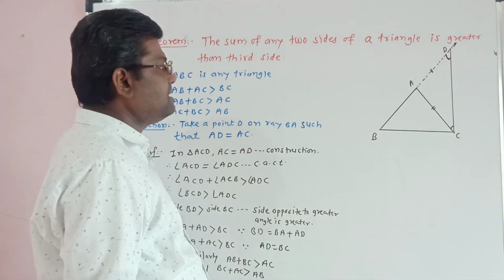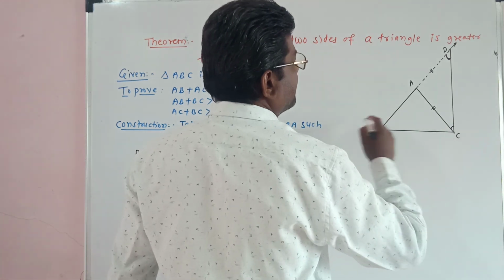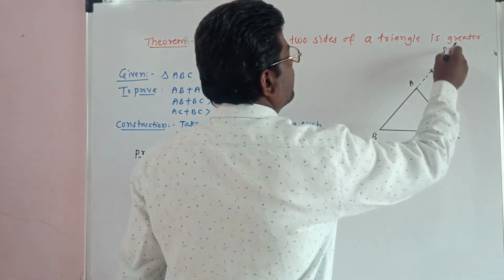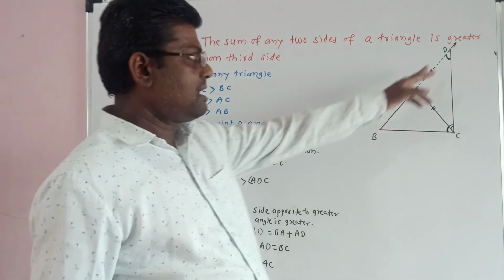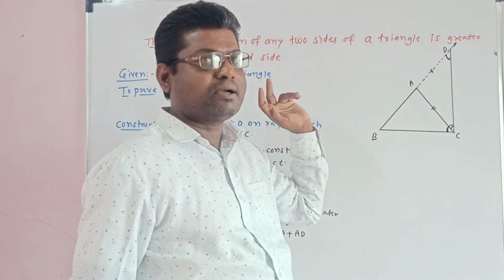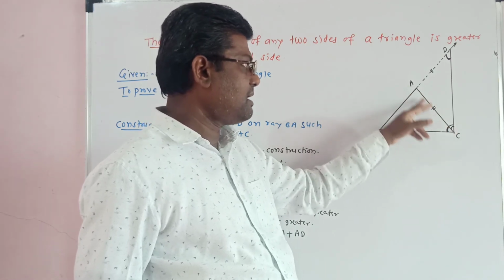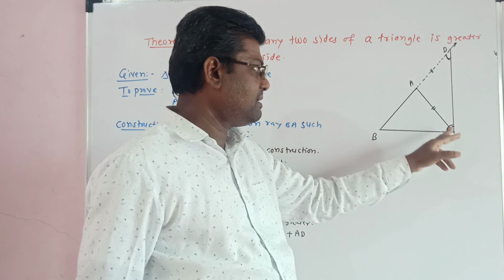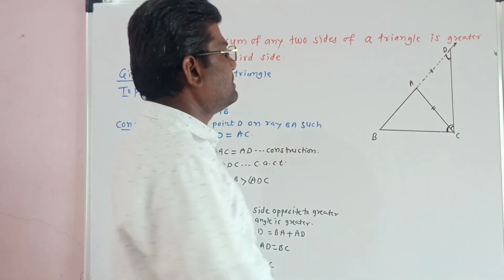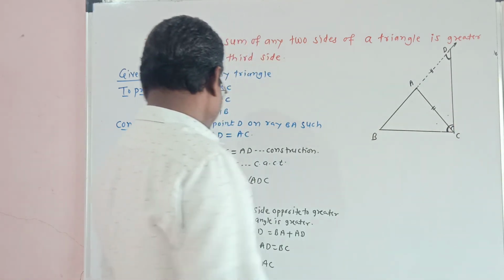Therefore the sum of angle ACD plus angle ACB is greater than angle ACD, which equals angle ADC. The sum of these two angles is angle BCD.